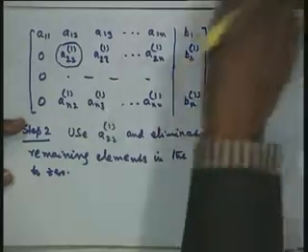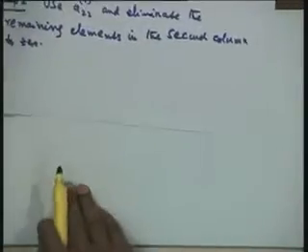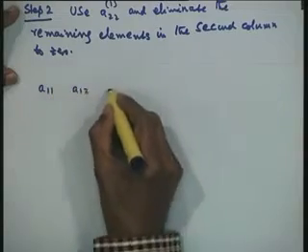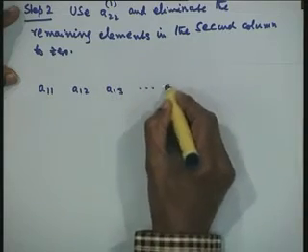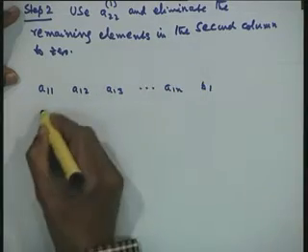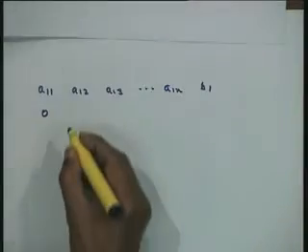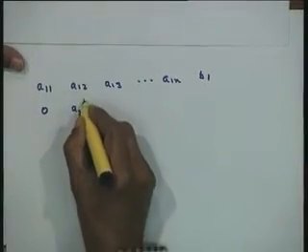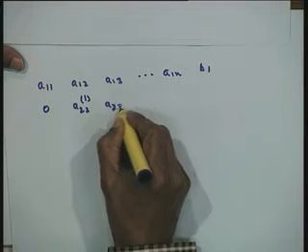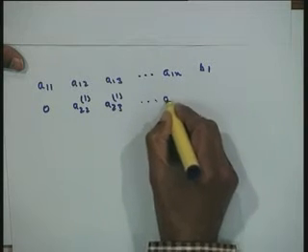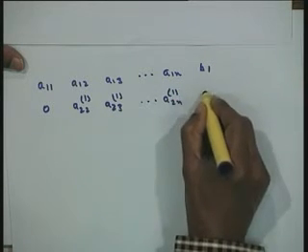Now let us see how it looks like, because I will not repeat it, because what we have done is repeated. Now let us see how the system is going to look like after this particular step. So the first row is unchanged, so that stays as it is. The second row is also unchanged, so it will retain as A22 of 1, A23 of 1, A2n of 1, B2 of 1.